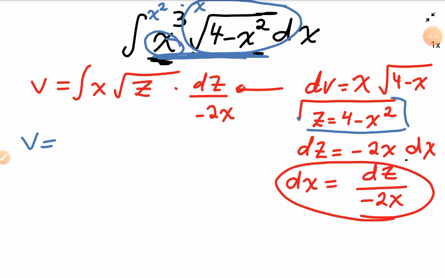the v equals this all for v. We didn't start the parts till now, which is the integral of x root z times dz over negative 2x.